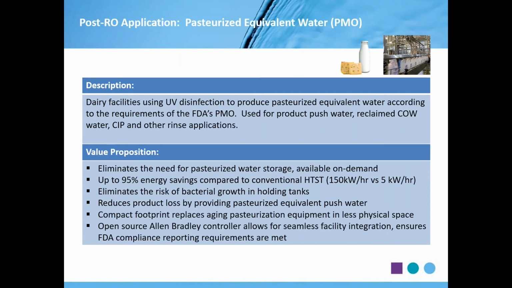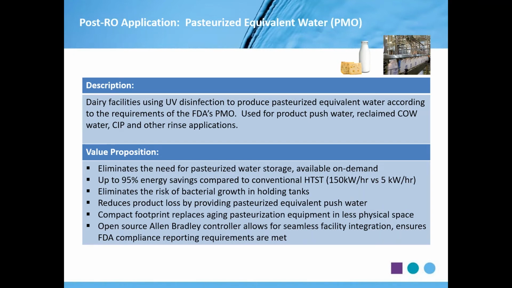So looking a little bit further down the line, once everything's gone through filtration, UV, RO, there are some applications further on that we see medium pressure as a good fit for. One of them is in the dairy industry, where we look at the FDA's Pasteurized Milk Ordinance. The PMO does indicate that UV for certain applications is suitable to create pasteurized equivalent water according to their requirements.